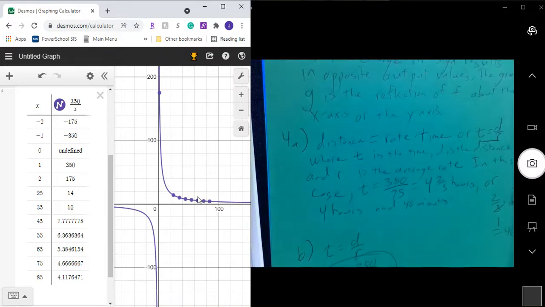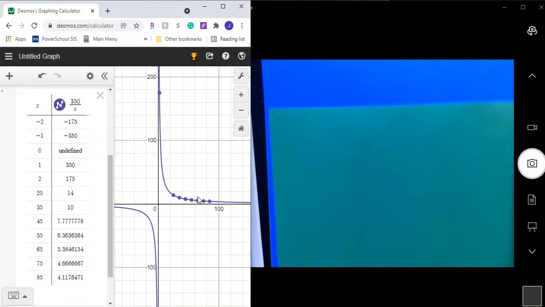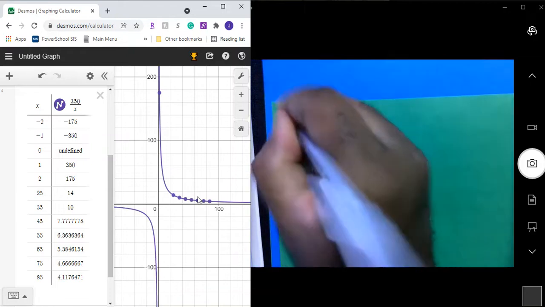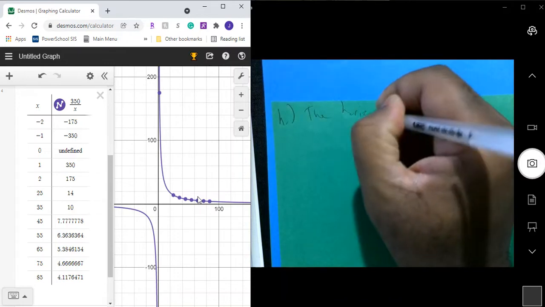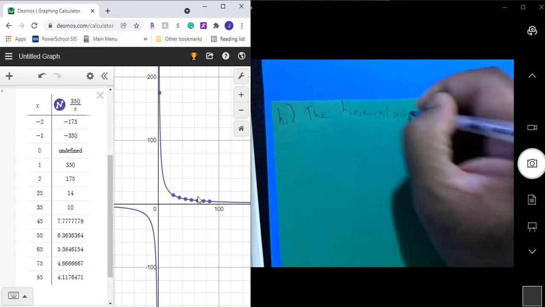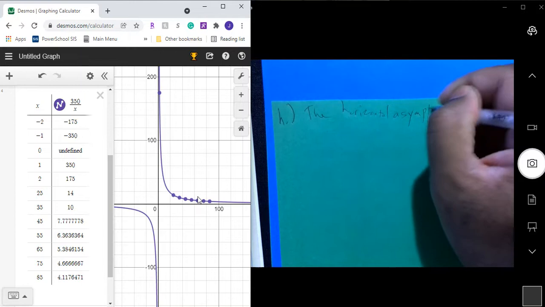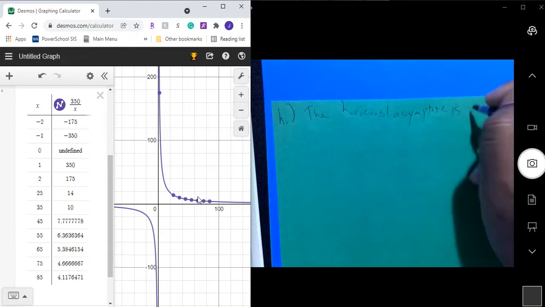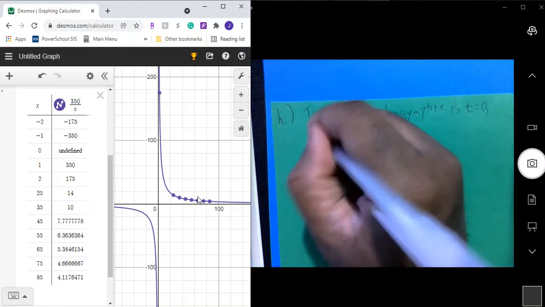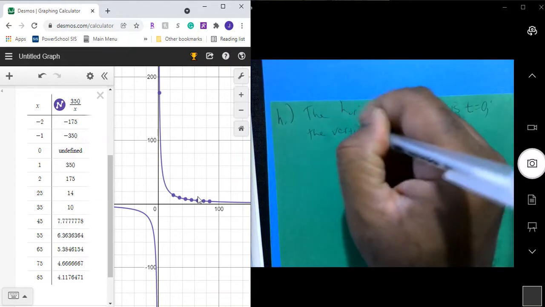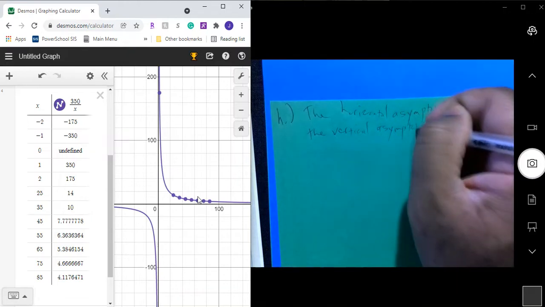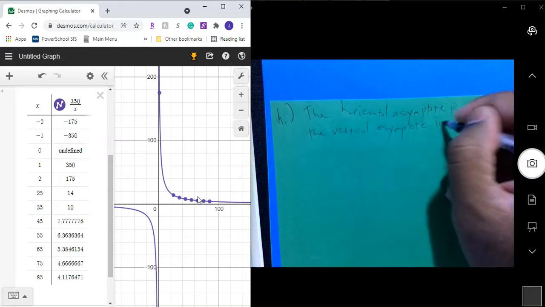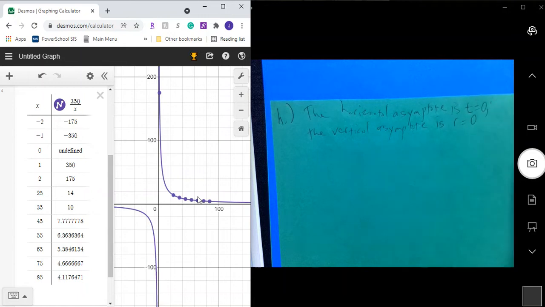So we go here to H. We'll say the horizontal asymptote is t equals 0. The vertical asymptote is r equals 0.